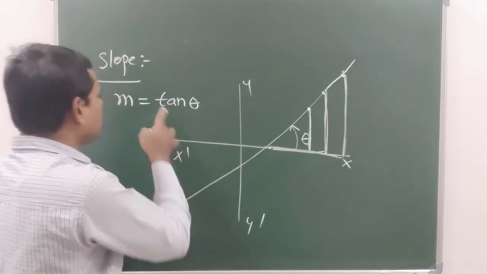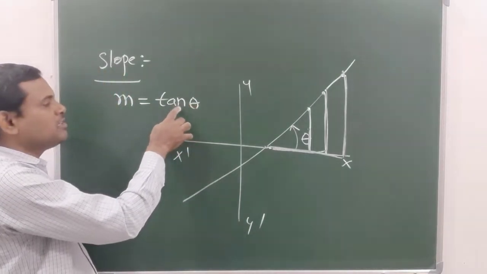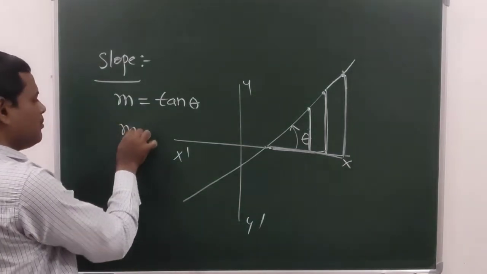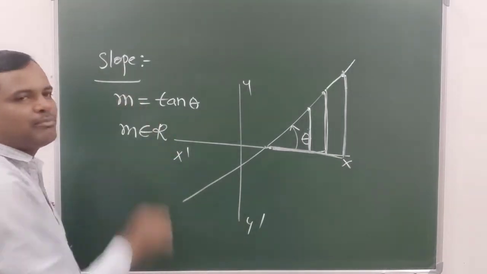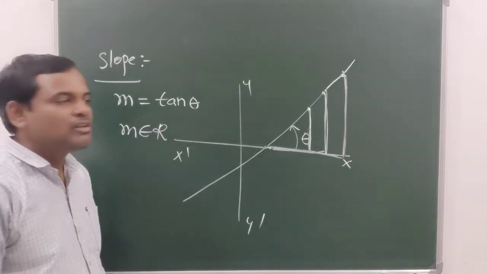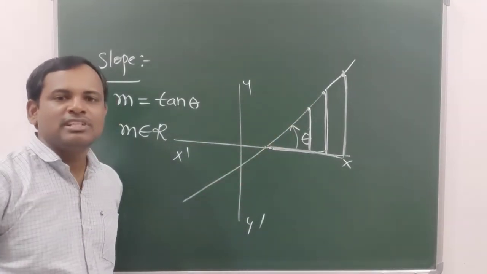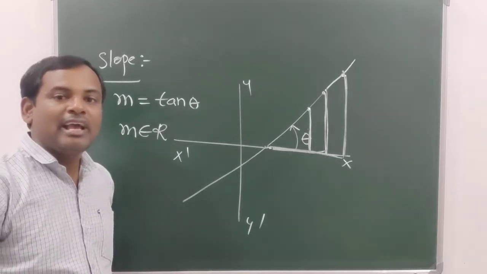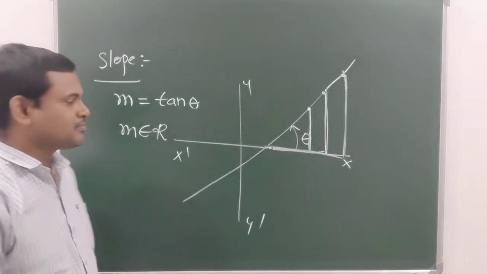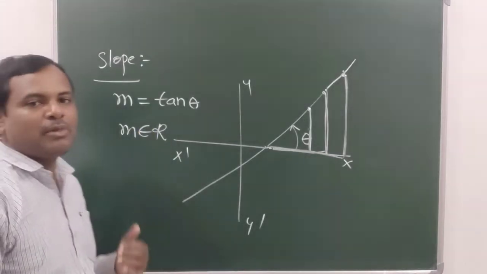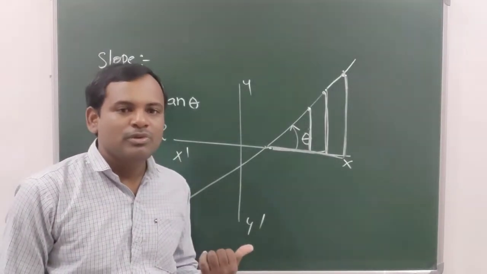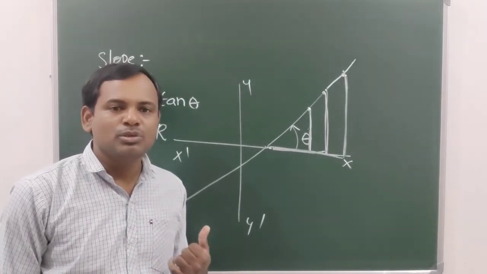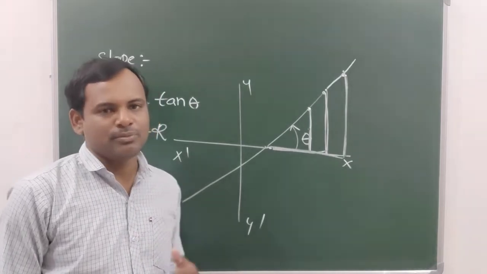As you know, the range of the tangent ratio is the real numbers, so the slope of this straight line belongs to the real numbers, which may be positive, negative or 0.